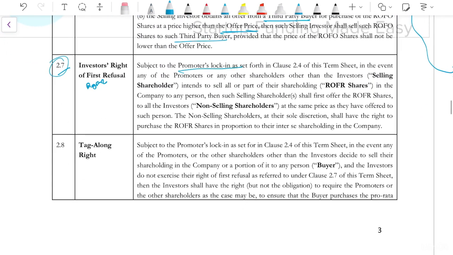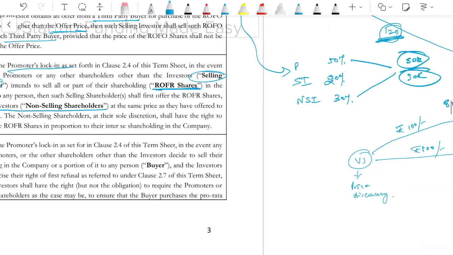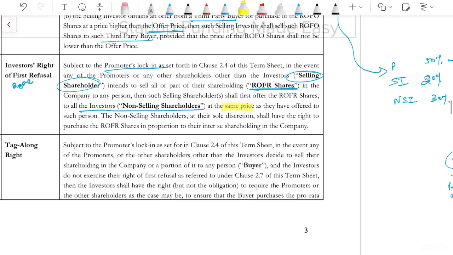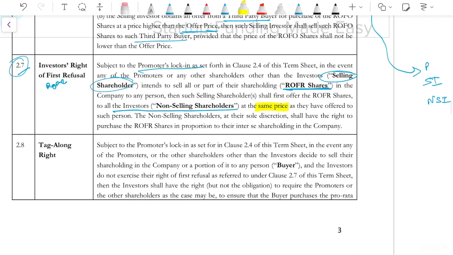Subject to promoter's lock-in as set forth in clause 2.4, in the event any of the promoters or any of the shareholders other than the investor, basically the selling shareholder, intends to sell all or part of their shareholding, which is ROFR shares, in the company, then such selling shareholder shall first offer the ROFR shares to all the investors, which means all the non-selling shareholders, at the same price at which they have offered to such person.